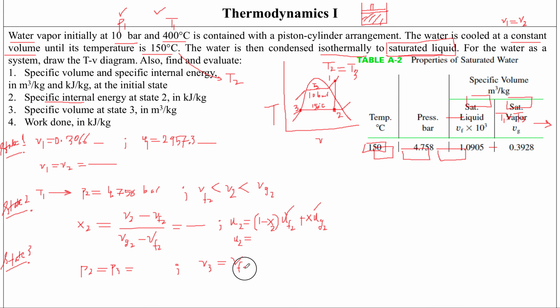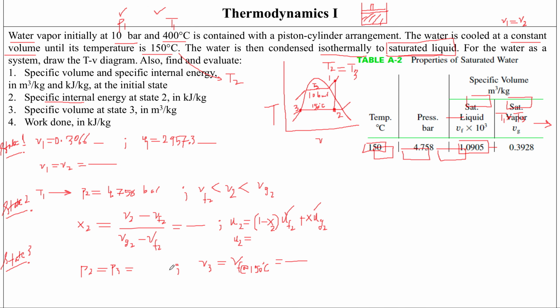So Vf at 150 degrees, right? So that's going to be equal to this value, 1.0905 into 10 to the power minus 3. So I've got the value for V3 as well now.